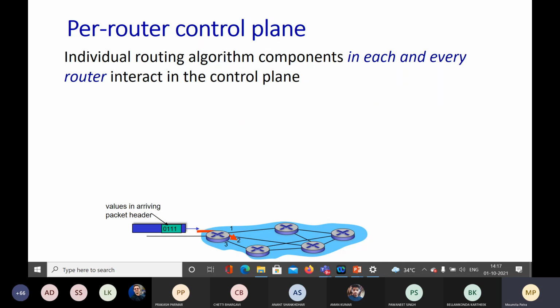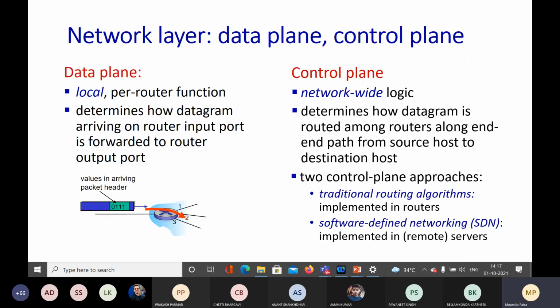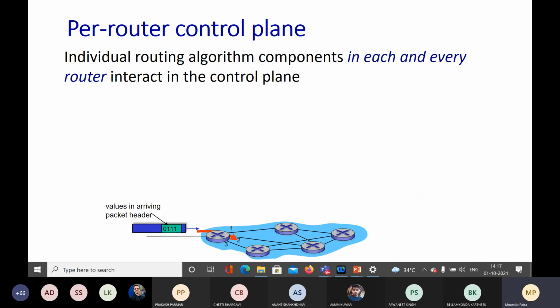Now just because I talked about the control plane module also, and I have already talked about the traditional routing algorithm and SDN, I am just going to show you how the per router control plane works. Okay. So here what would happen is that individual routing algorithm components will be there in each and every router in order to interact in the control plane.